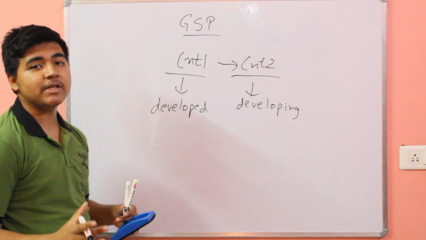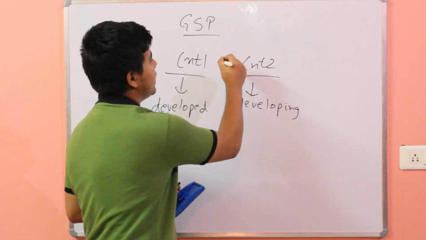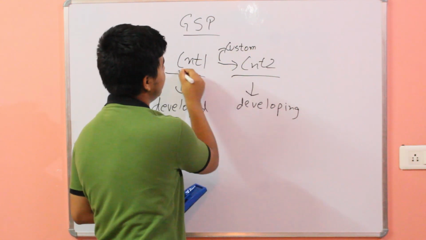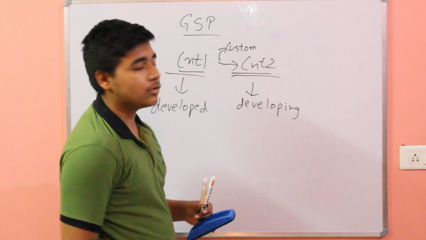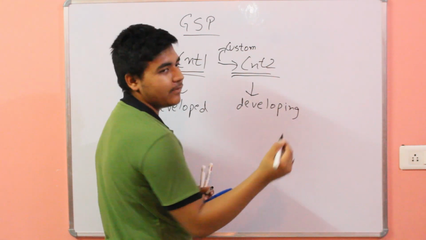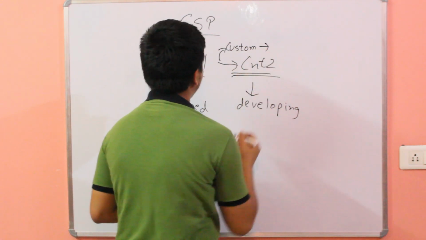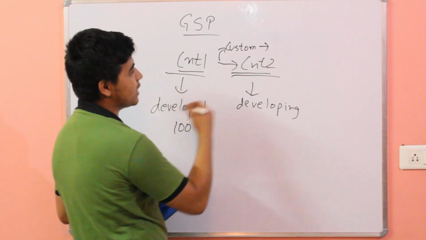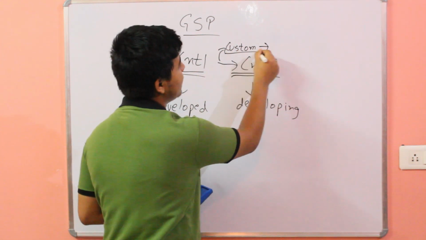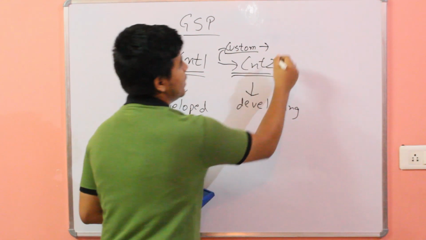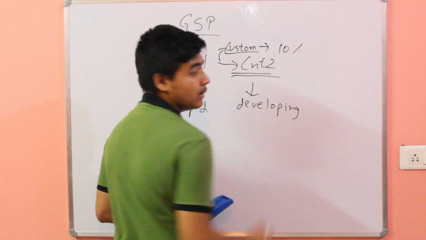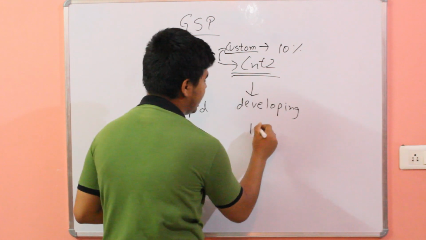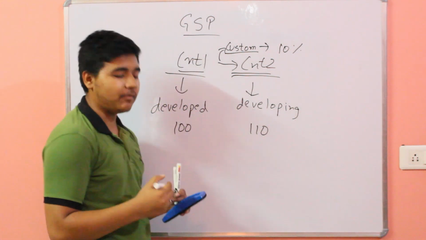Whenever trade happens between two countries, a custom duty is levied on the commodities exported from country 1 to country 2. If a good is manufactured at 100 rupees in country 1 and exported to another country that imposes a custom duty of, say, 10%, then the final good will be available in the other country at 110 rupees. This is the basis of trade.